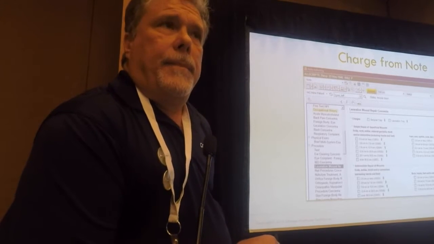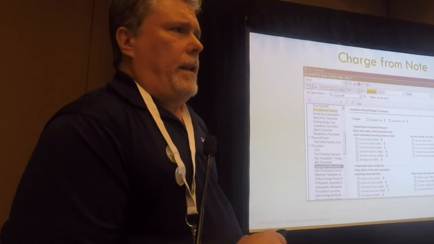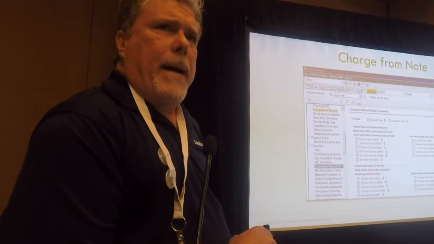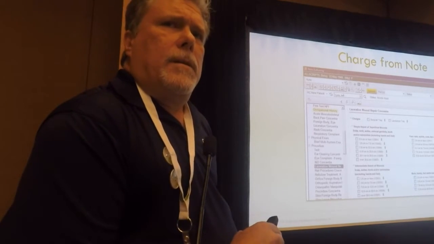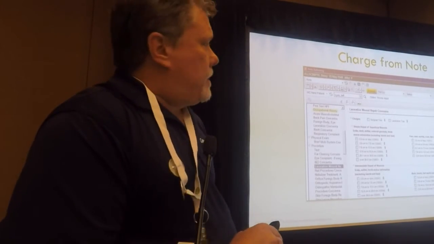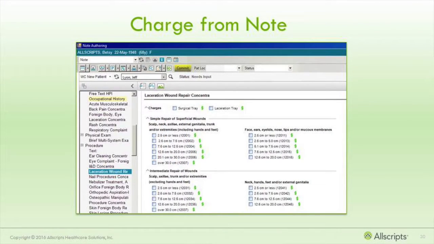This is where we really have gotten appreciation from our clinicians. Again, going back to the procedure stuff, right? This is the actual form that's presented to the clinician on the front end. In the TOC, they've selected this laceration wound repair. So at the top of the note, before they even get down to the documentation part of that procedure, they're presented with all the options to capture the charge.